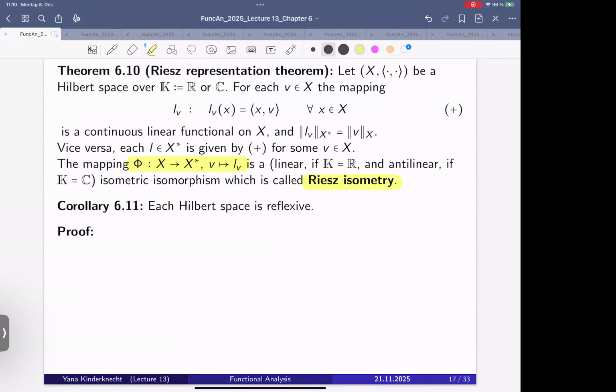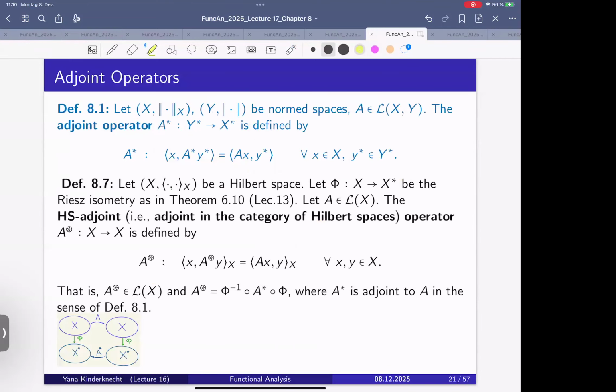Okay, so coming back to my definition. Now I would like to define an adjoint operator to A, but the Hilbert space adjoint, that is, the adjoint in the category of Hilbert spaces. This is the operator which I now denote by A star with a specific star. And this is the mapping which acts again from X to X, so on the same space X. And this operator is defined by the following formula.